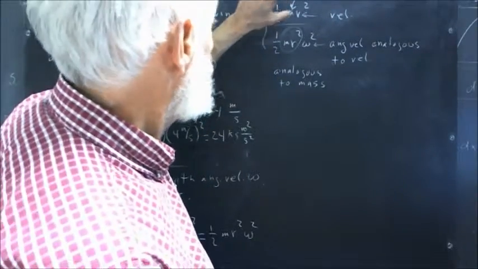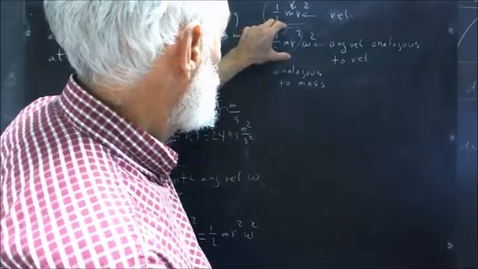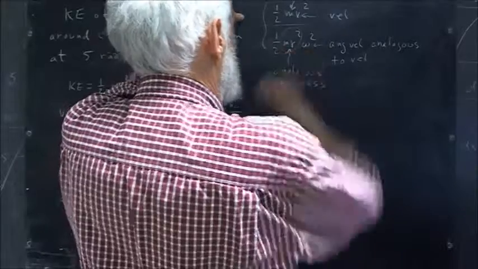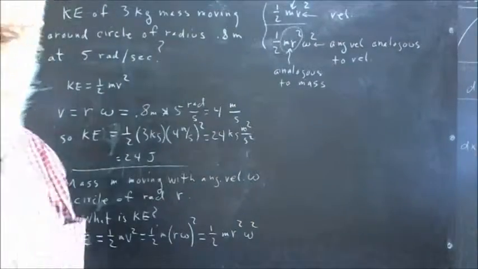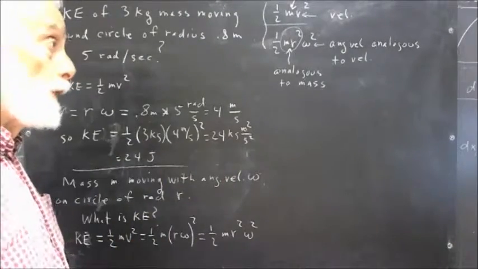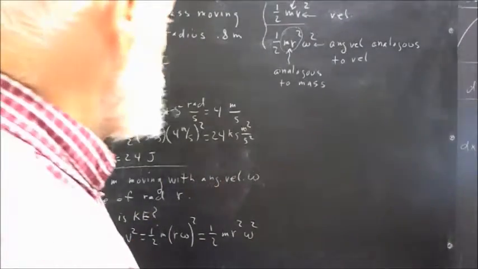Okay? So mr squared is going to be a quantity that in some sense is analogous to mass, at least when calculating kinetic energy. And as we'll see, the analogy goes much further than just the calculation of kinetic energy.